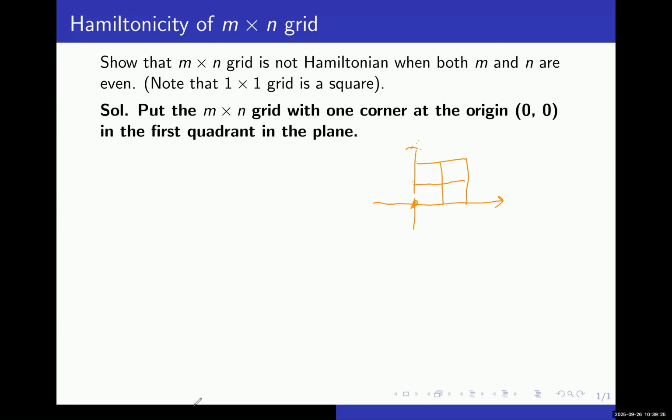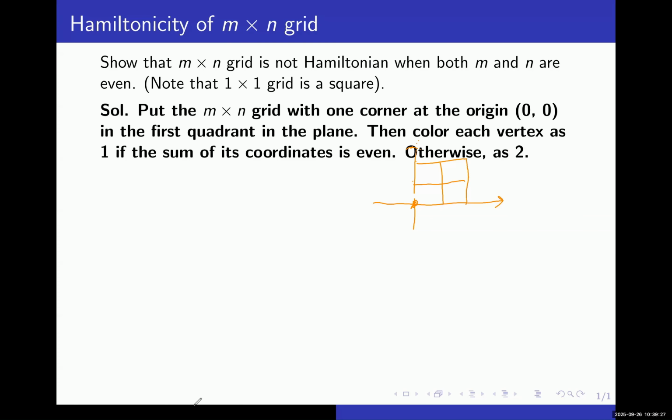And then we want to color the vertices with two colors. There is a rule: color each vertex as 1 if the sum of its coordinates is even, otherwise as 2. So like this.